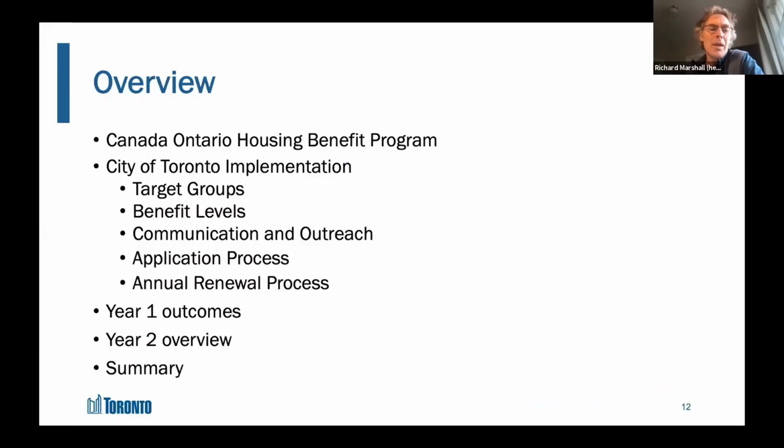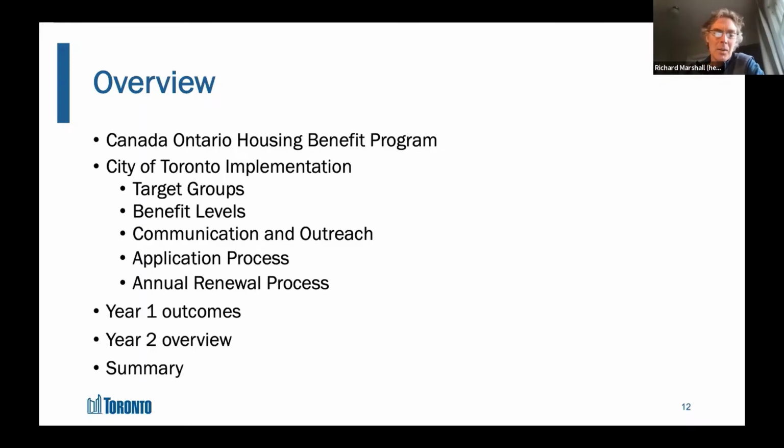So just by way of overview, I'll give you a bit of a general picture of what the Canada-Ontario Housing Benefit, also known as COB, program is, and then speak a little bit about what the City of Toronto's implementation of the program looked like, what the target groups were, the benefit levels, and then also the communication and outreach and the application processes that were used.